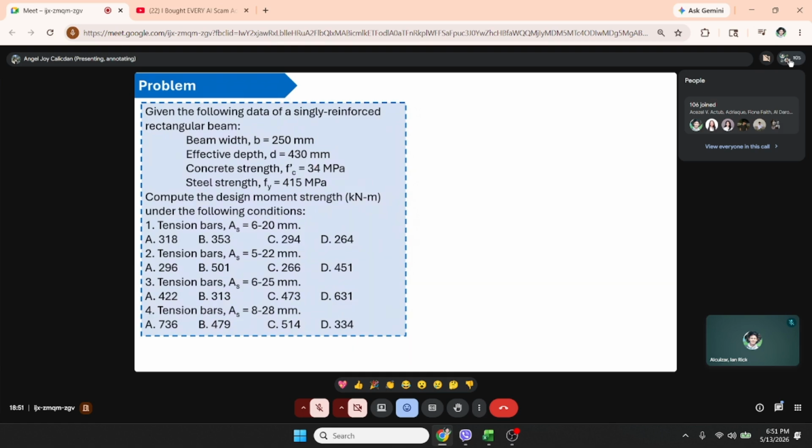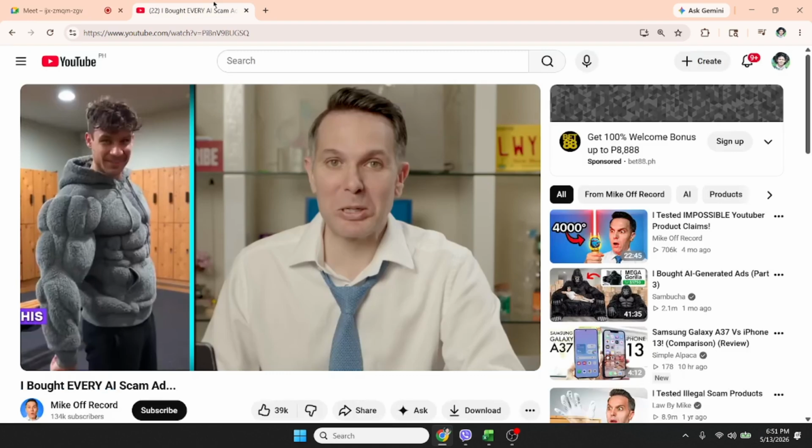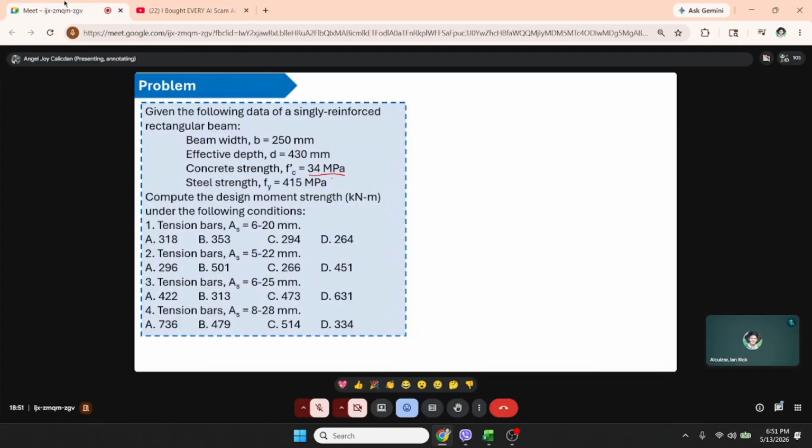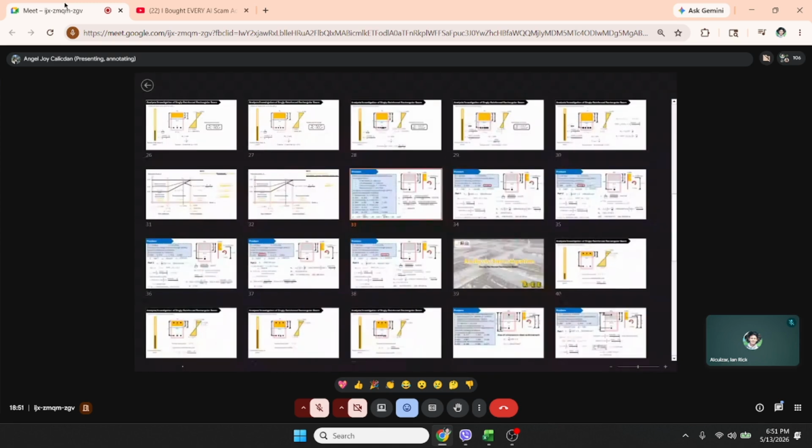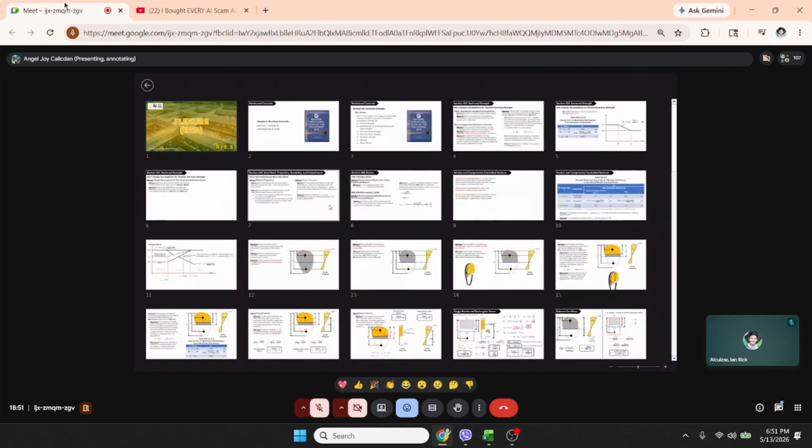Since we have our fc prime na 34 MPa, i-identify nato first ang beta 1. Since greater siya sa 28 MPa, magamit ta atong formula sa slide 16.